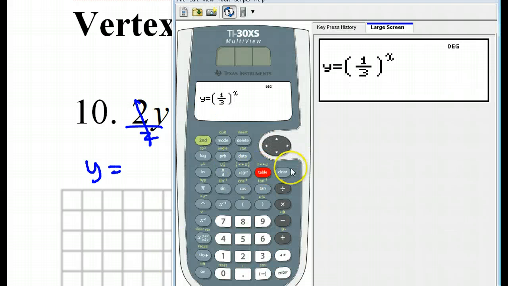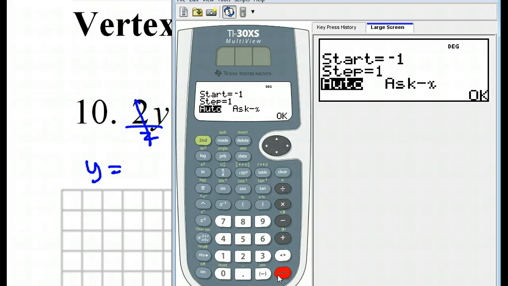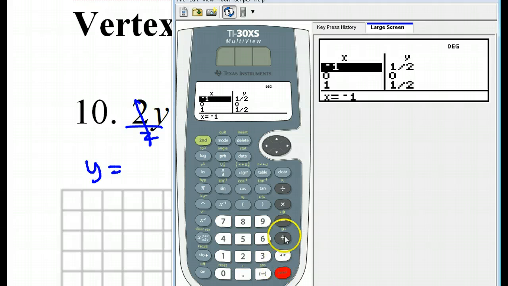So let's see. So I'll just do x squared over 2. Whoa. X squared over 2. Okay, so I'm just going to scroll and see how many will fit. So that's too far.